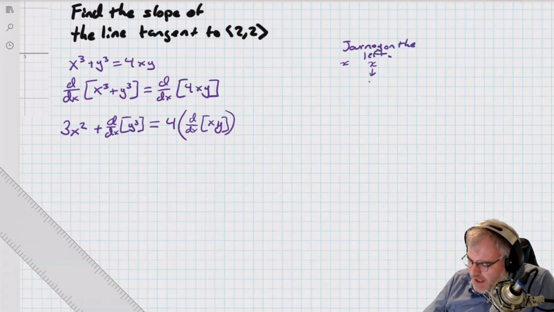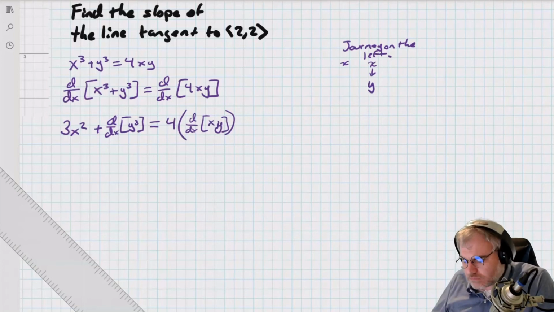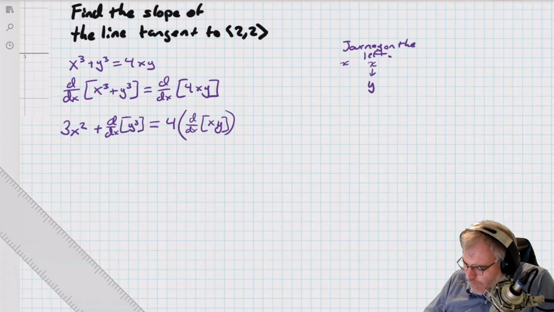So I've got an x becoming a y, because I know y moves with x. I don't know how. And then I've got a y cubed going on here, and an x cubed going on here, and then I'm adding them together.